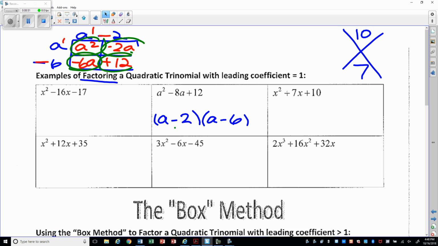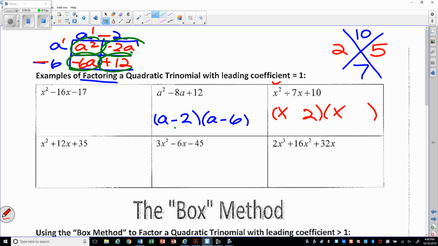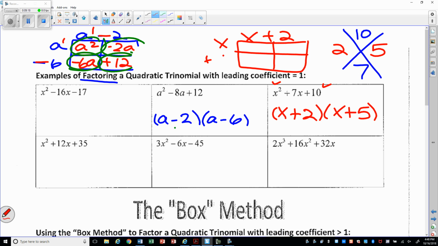Well, how about 2 and 5? 2 times 5 is 10, and 2 plus 5 is 7. To get x squared, x times x is x squared. If I'm going to box it, I would say x plus 2 times x plus 5.